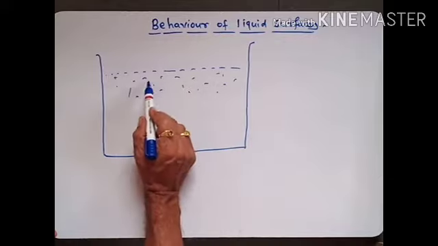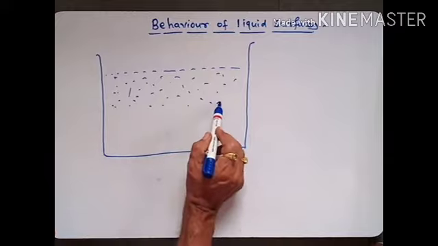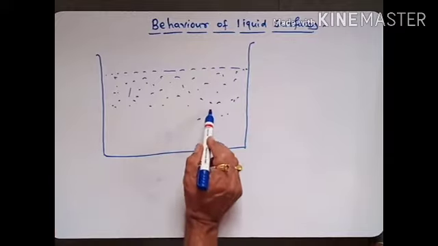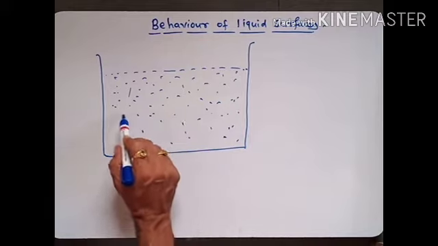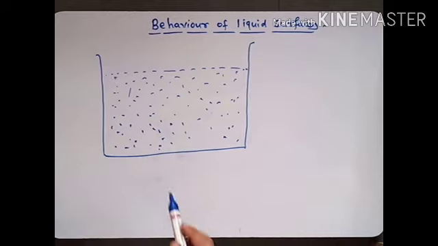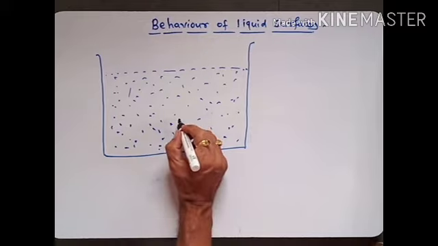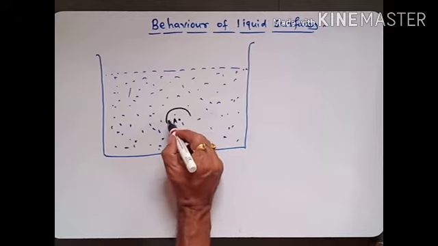Now we consider three molecules in this liquid. Suppose this is molecule A. Then suppose this is the sphere of influence of molecule A.